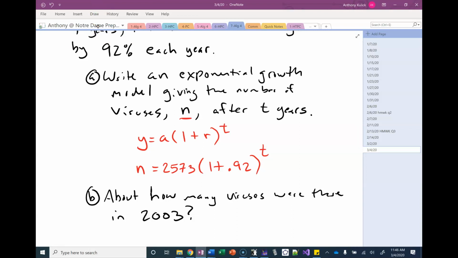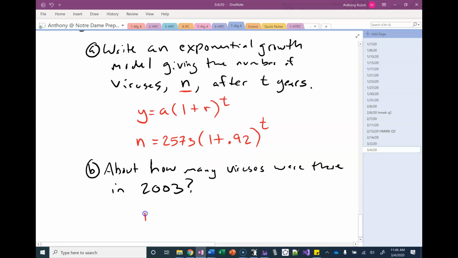So to do this, I'm going to use my model from before. What I'm looking for is a future amount, right? So I'm going to be looking for n. What I need to be able to find n, though, is I have to plug in a value for t. So what value of t am I going to plug in?